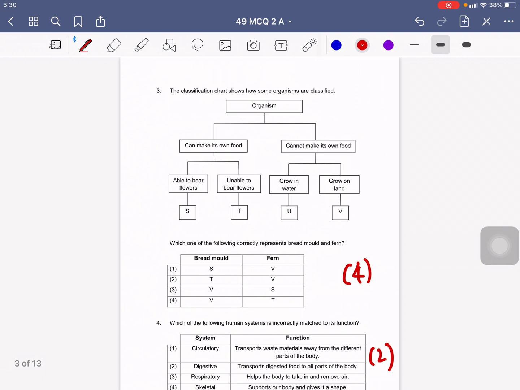Question 3. The classification chart shows how organisms are classified. Over here, this organism can make its food. For S, it can bear flowers. If it can make its own food, that means it must be a plant, so this is a flowering plant.